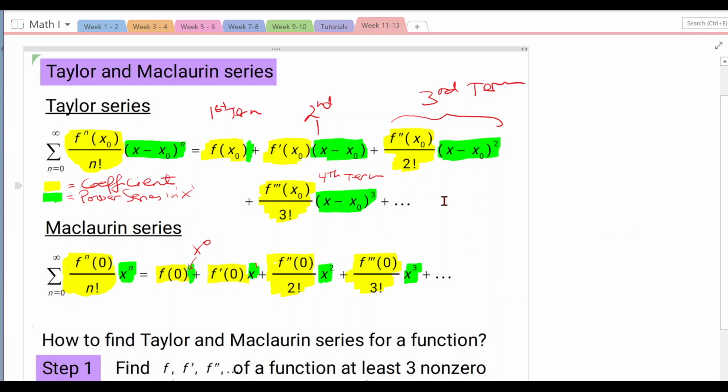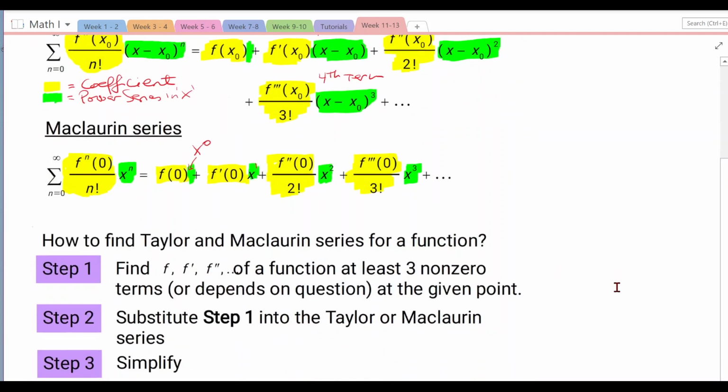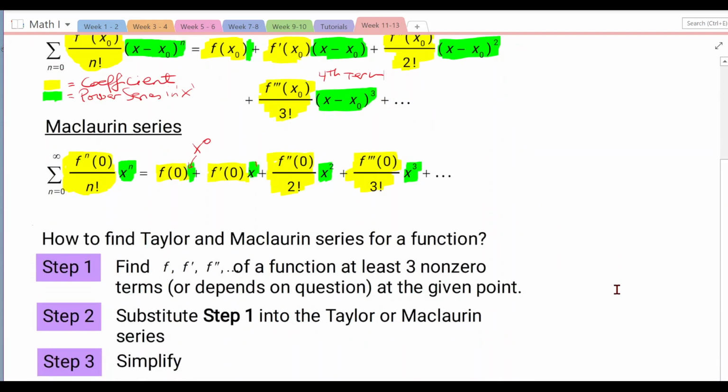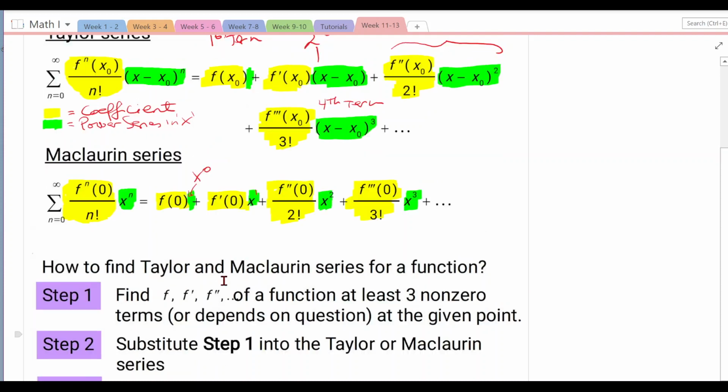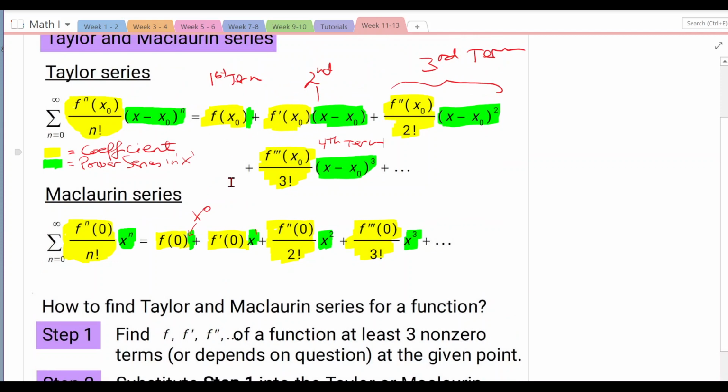That indicates that the series goes up to infinity. So I think that's pretty much it. The one below here is step by step, basically how to find the Taylor and Maclaurin series for a certain function. The first step is to find f, and then the first derivative, the second derivative, and so on. So that's the f I'm talking about. This is the zeroth derivative, basically the original function, then the first derivative, the second derivative, and then put whatever the center value is into the function.